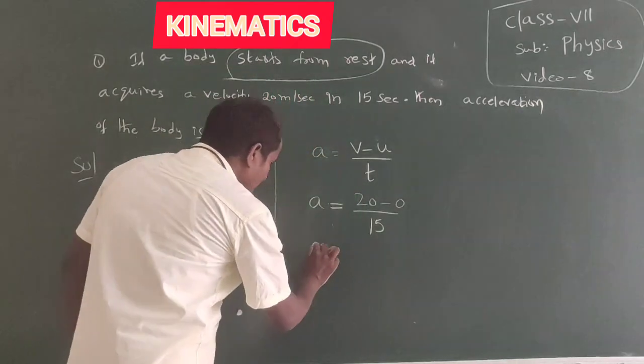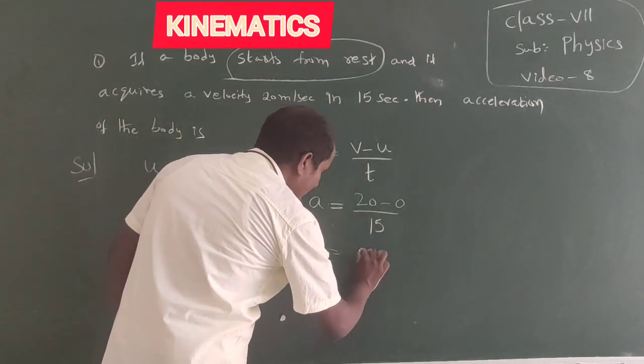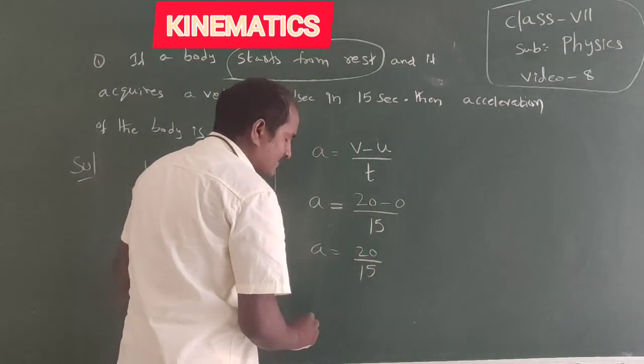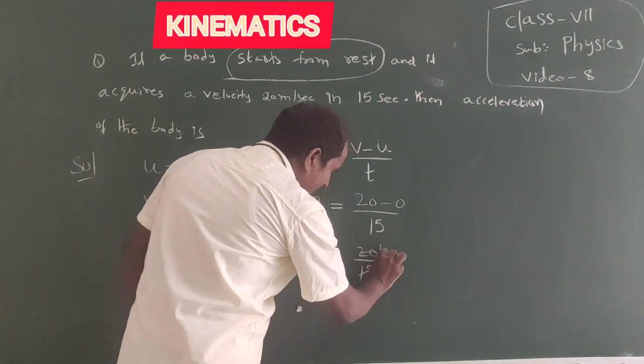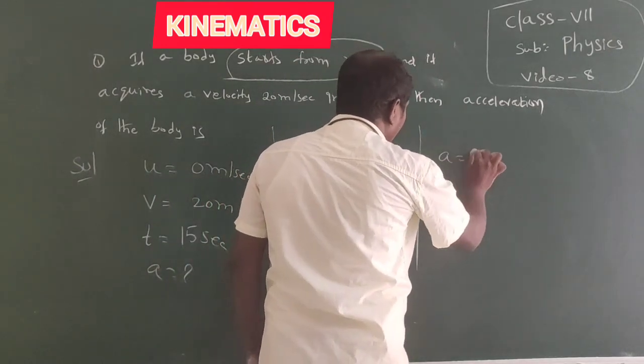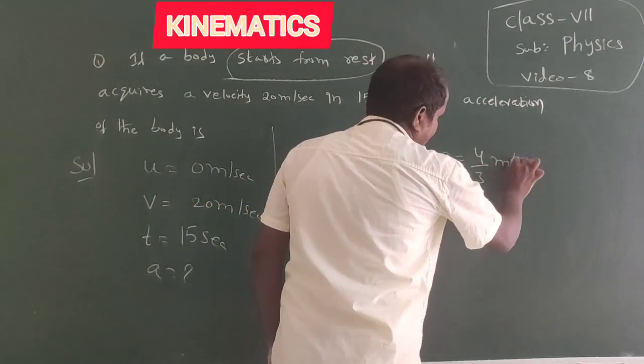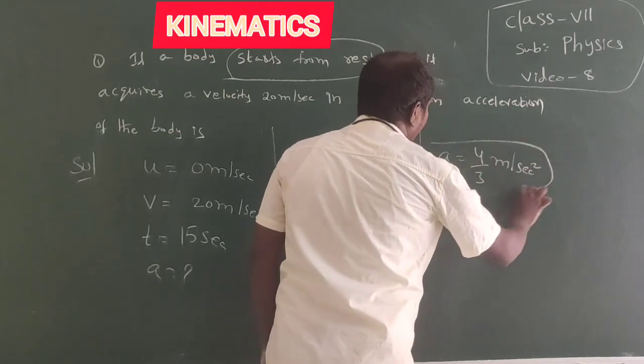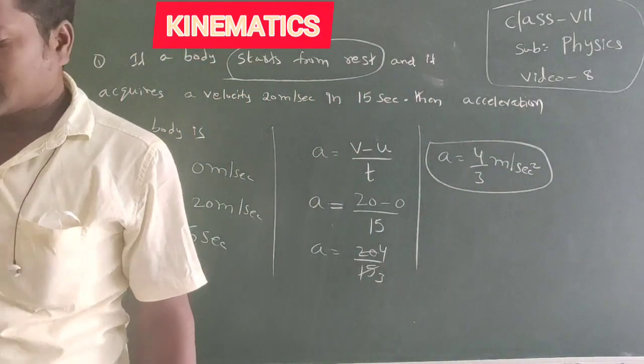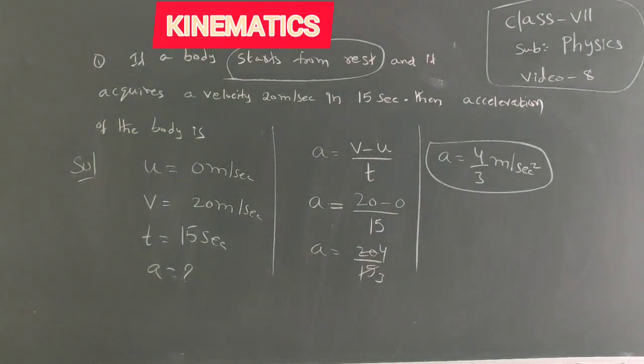So here a equal to (20 minus 0) by 15, that is 20 by 15. In the table of 5, 5 3s are 15, 5 4s are 20. So a equal to 4 by 3 meter per second square. It is the acceleration. Next model.